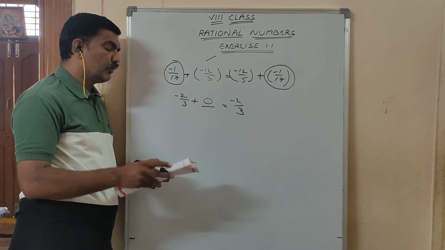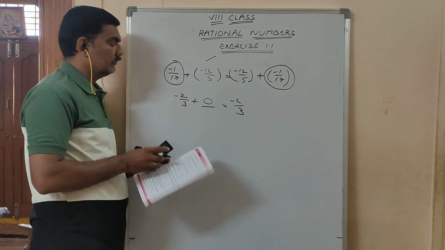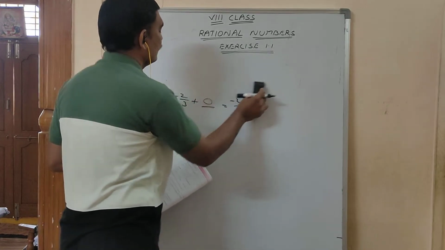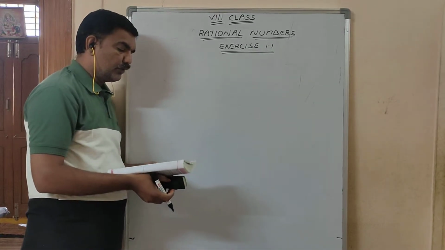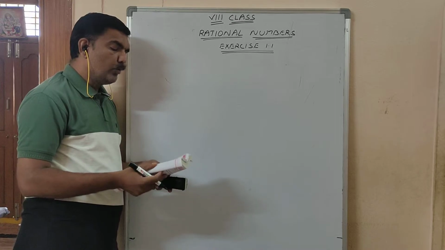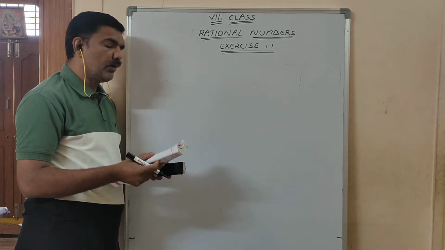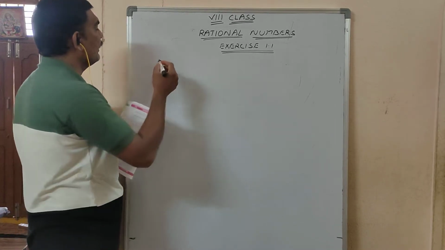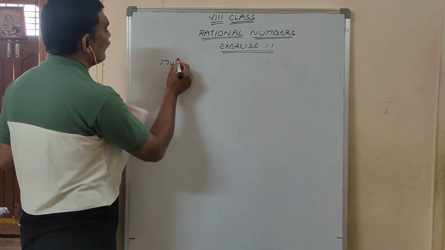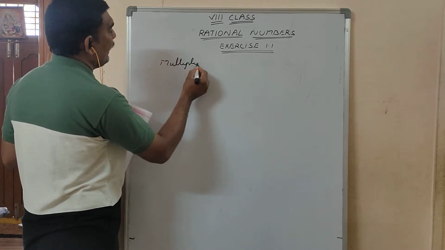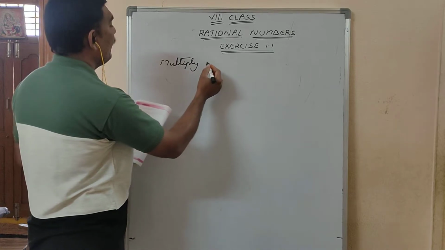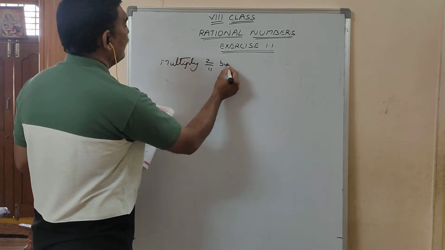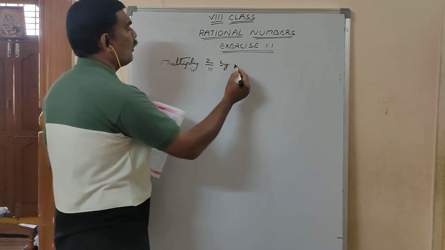And next, the fourth question. In this fourth question: multiply 2 by 11 by the reciprocal of minus 5 by 14. See, reading the question is very important.